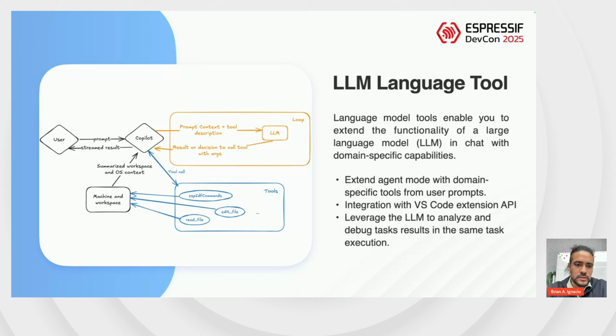This allows us to leverage the task output from the ESP-IDF extension to be processed by the LLM, allowing us to further debug or do some additional tasks on the already existing features that we implemented in the ESP-IDF extension. Let's take a look at that.